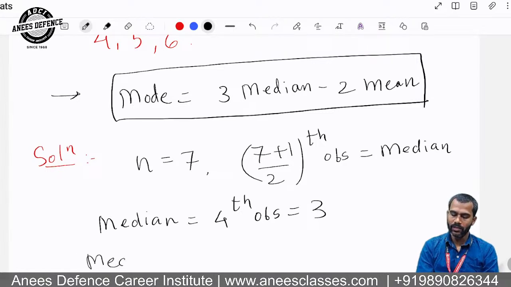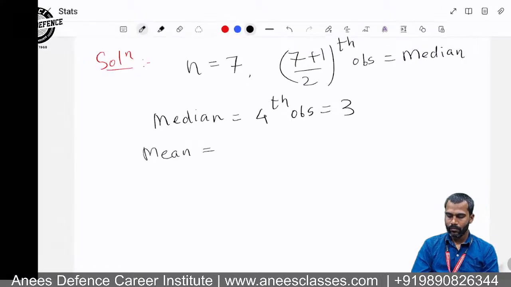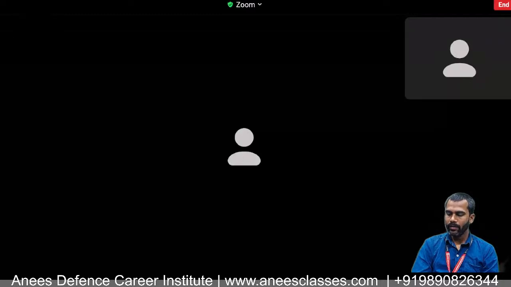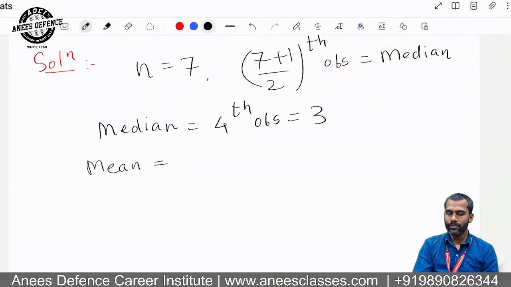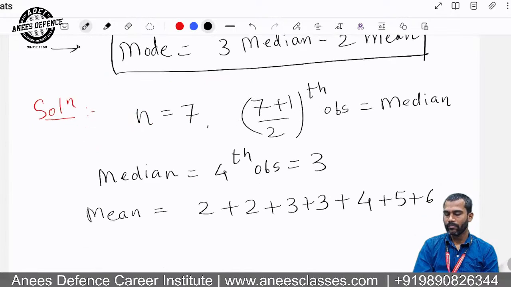What is mean? Mean means you need to add all of them and divide by the total number of observations. So that is 2 plus 2 plus 3 plus 3 plus 4 plus 5 plus 6, divided by 7.